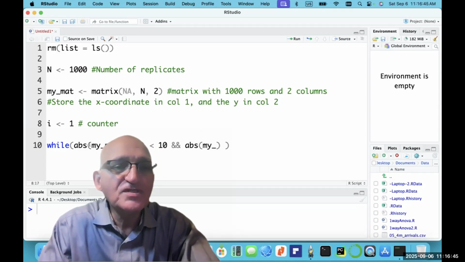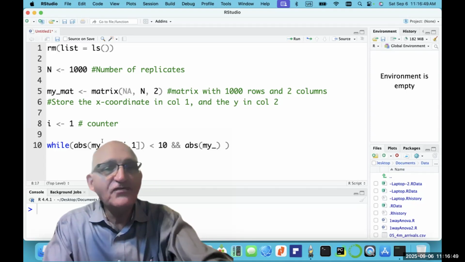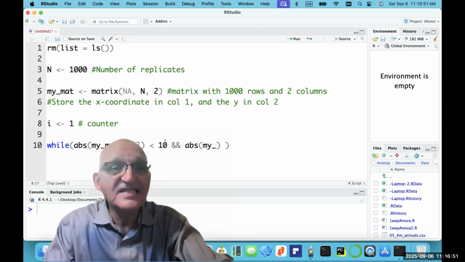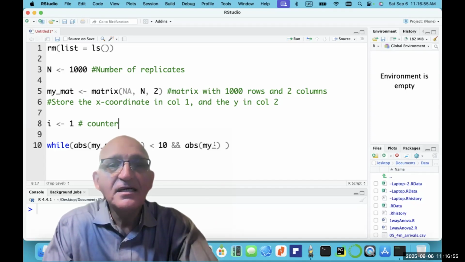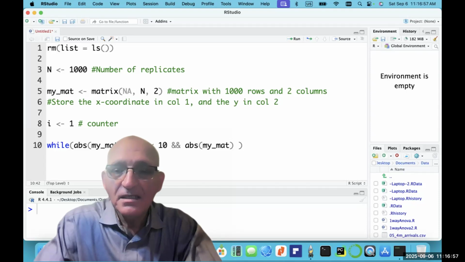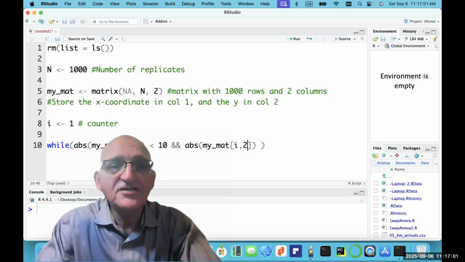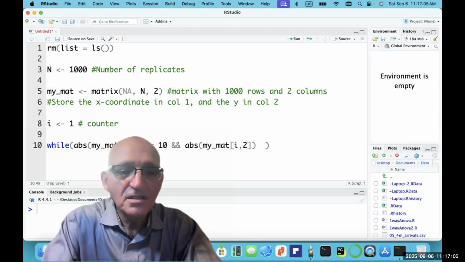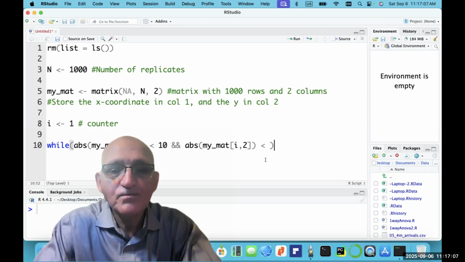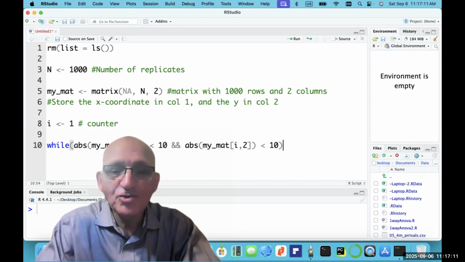And here we want to say while the x coordinate, the absolute value of the x coordinate, is less than 10, meaning between -10 and 10, and that of the y, which is I and 2, is also less than 10. What do I do?